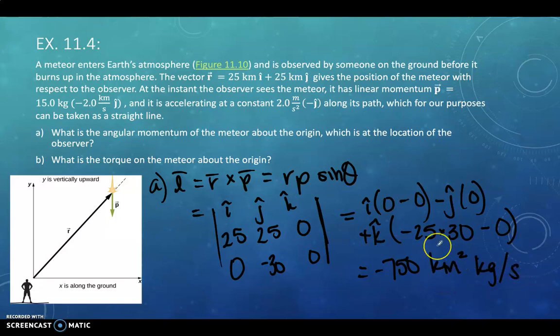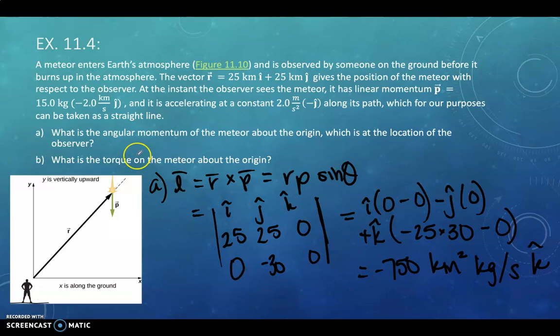It's kind of a weird way to put it. Now I need to make sure this makes sense. Angular momentum of the meteor, this is a k hat.